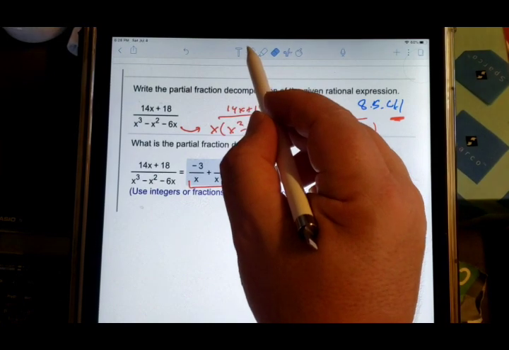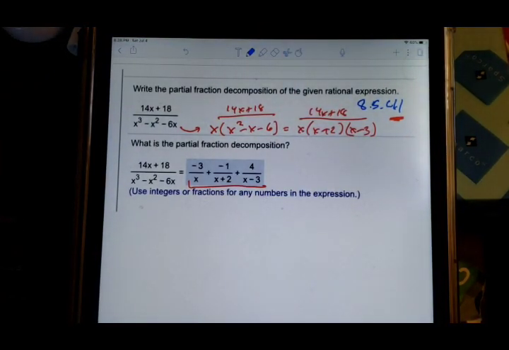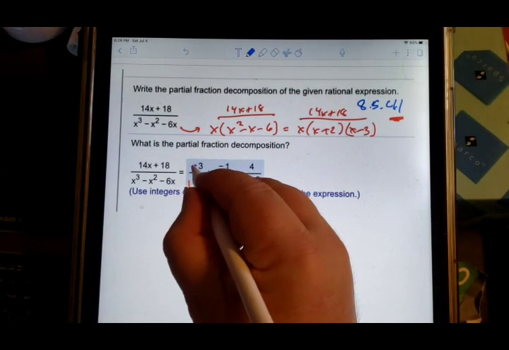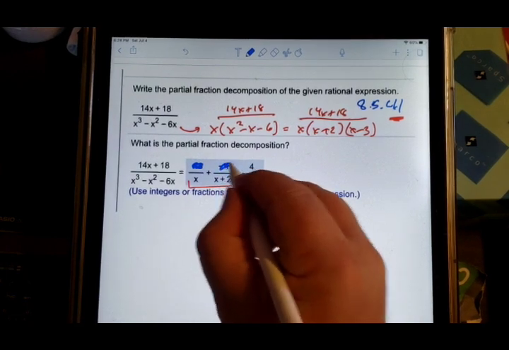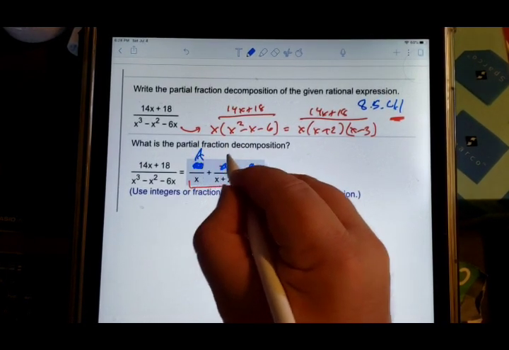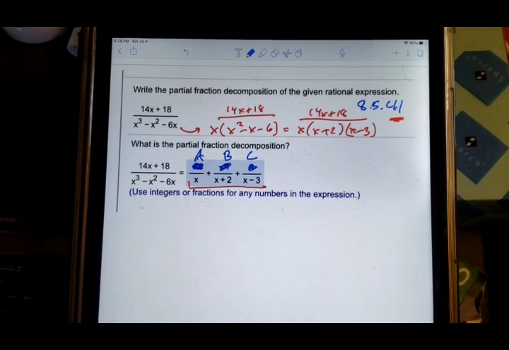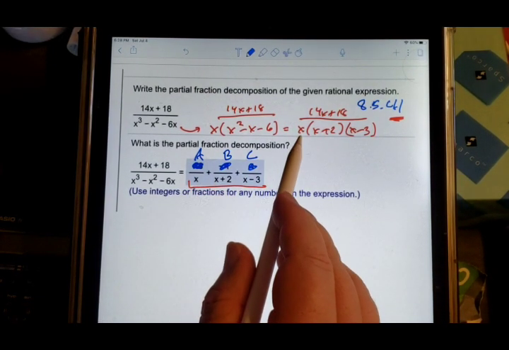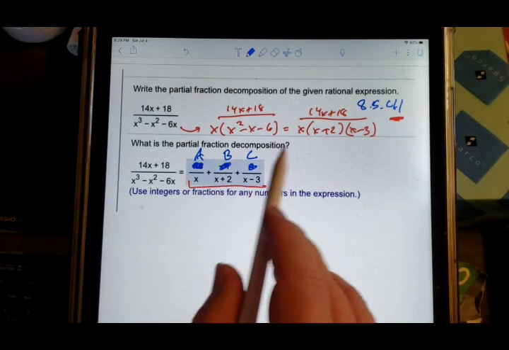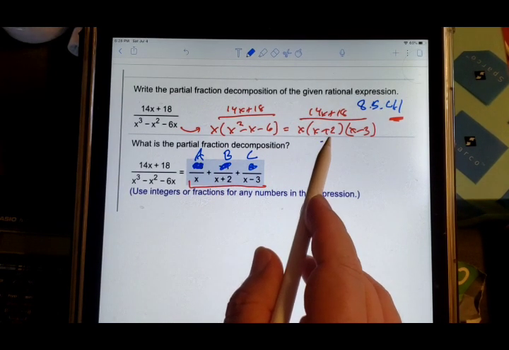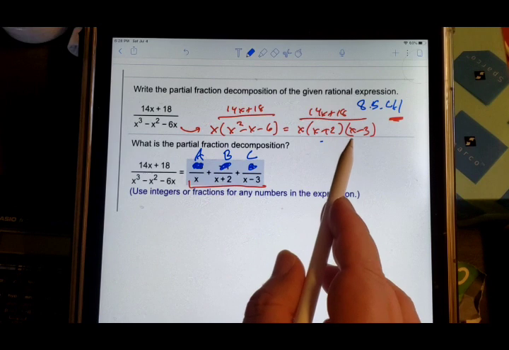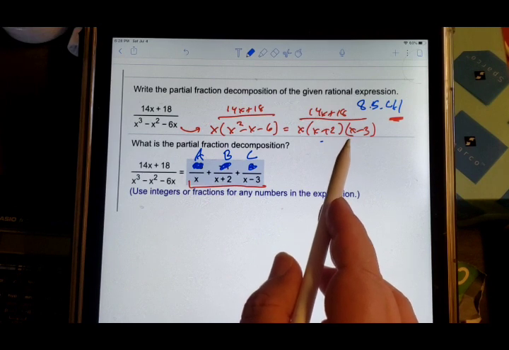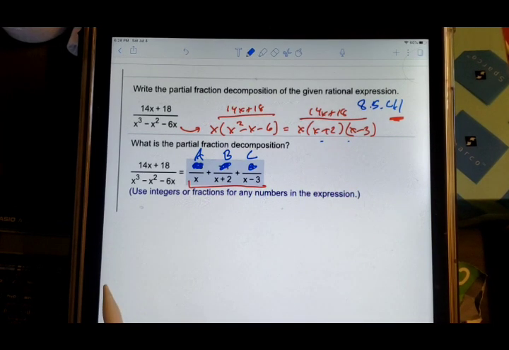Factor by grouping. It factors. Keep in mind, we don't know these answers already. We just have the structure of A over the first factor, x, B over, well, the second factor, x plus 2. These factors could be in any order, but C over the next factor.